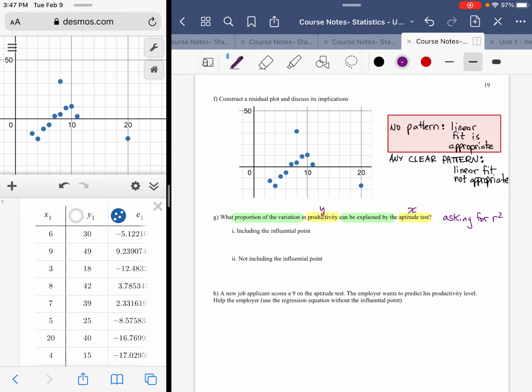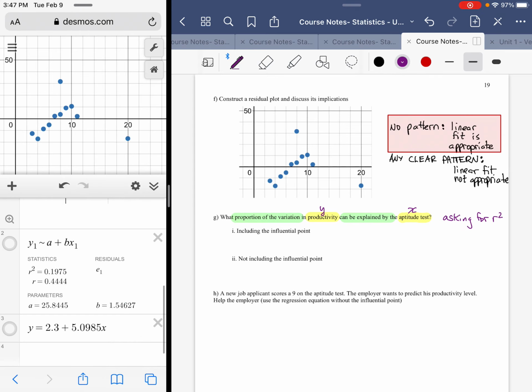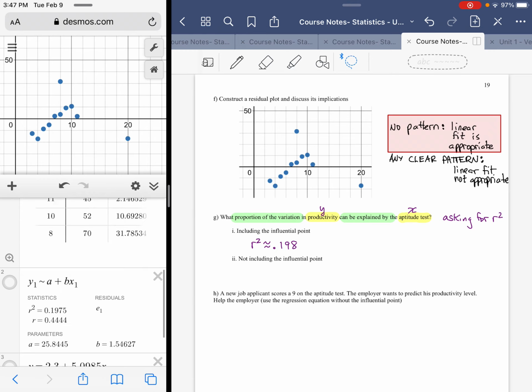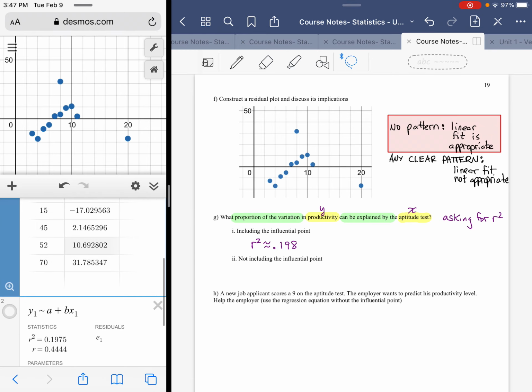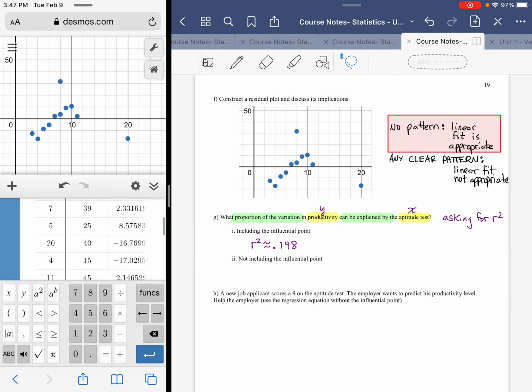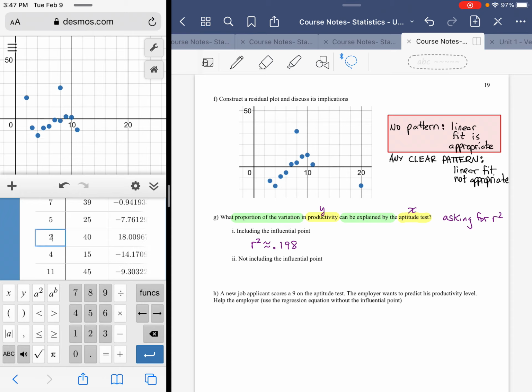Including the influential point, so that means all points together. Well, we have that here. So that is approximately 0.1975, which we could say 0.198. We're using the approximate symbol, so we're covered. We can do our rounding. Not including the influential point, in that case I need to get rid of the 2040, because that's the influential point.